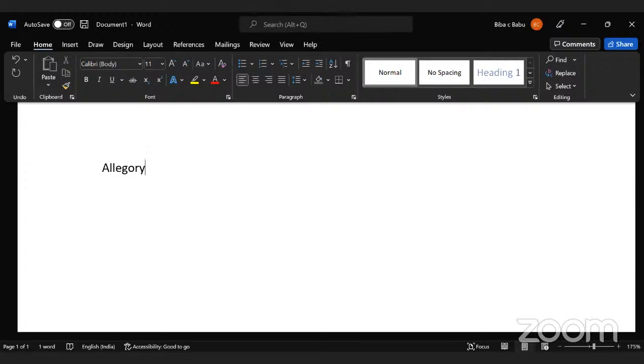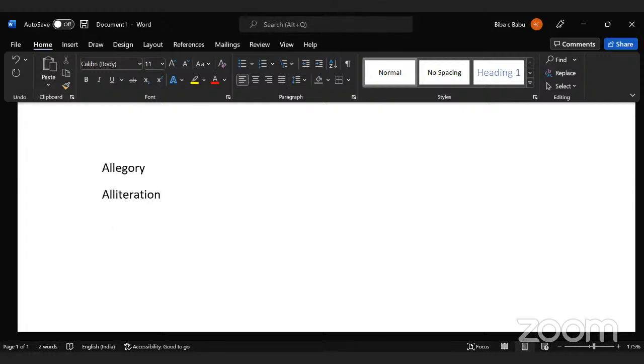Ravana and Rama. Ravana represents evil, right? Evil is that abstract quality. Rama represents goodness. Goodness is that abstract quality. So in some stories, there will be certain characters and these characters will represent abstract qualities. That is called allegory.